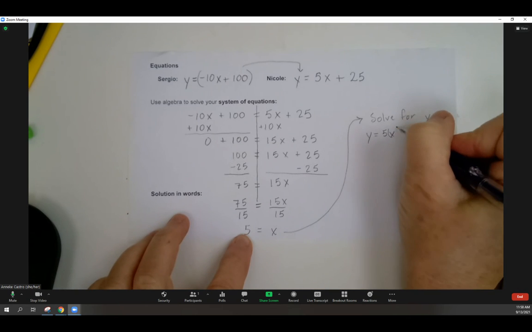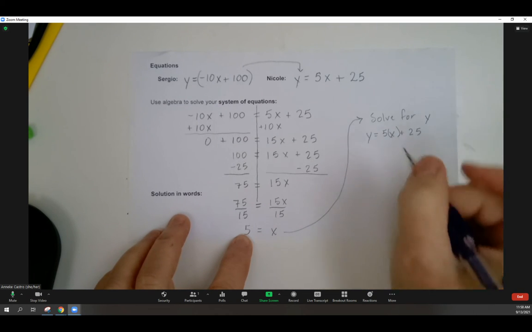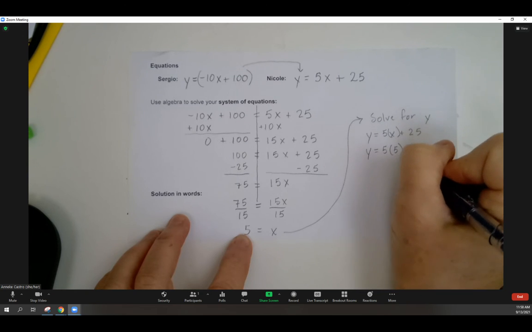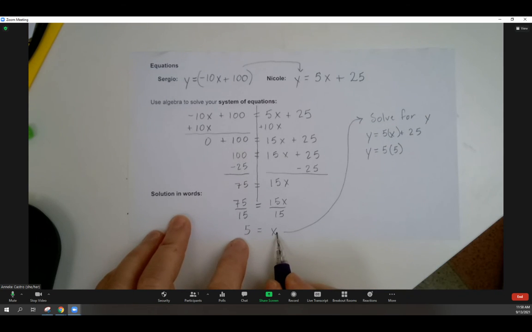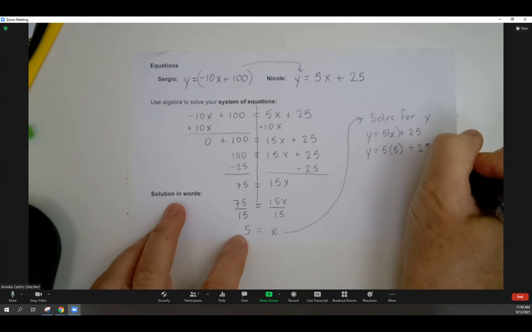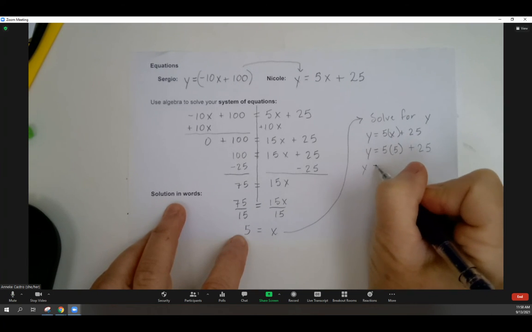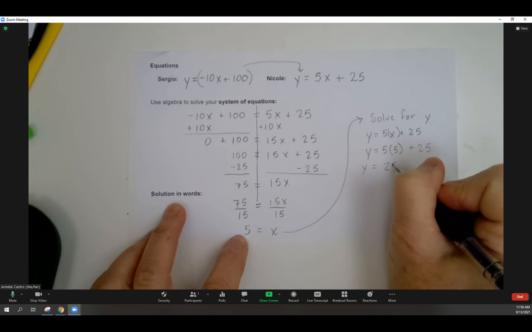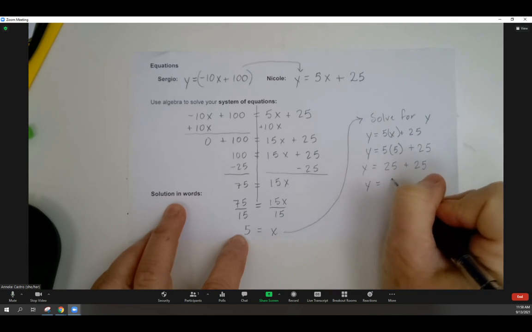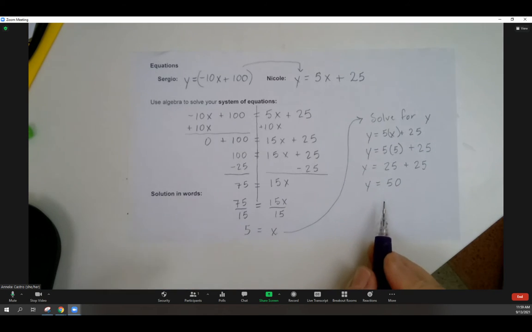So here where the x is, I'm going to change that to a 5, because that's when I said they're going to have the same amount of money, on day 5. So let's see how much money they have on day 5. 5 times 5 is 25. 25 plus 25 is 50. Aha, it matches my table and my graph.